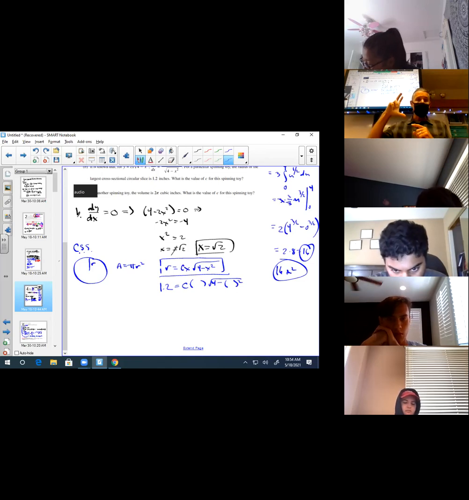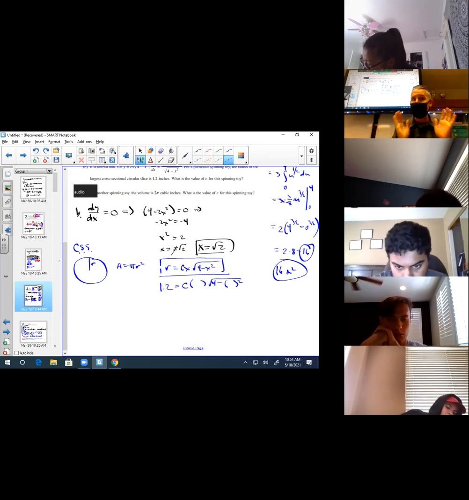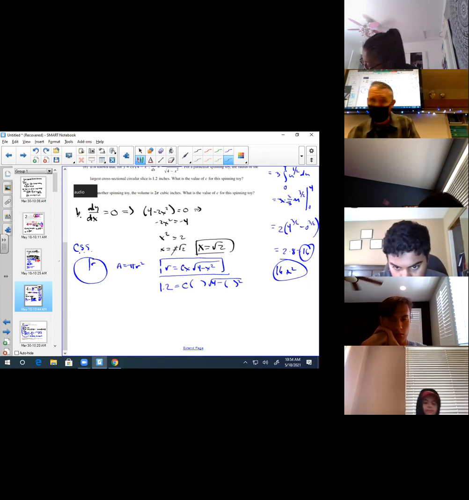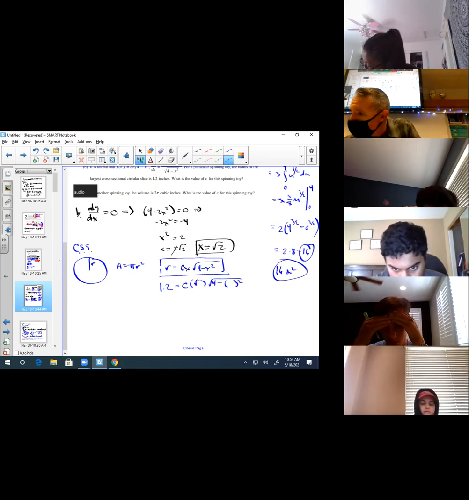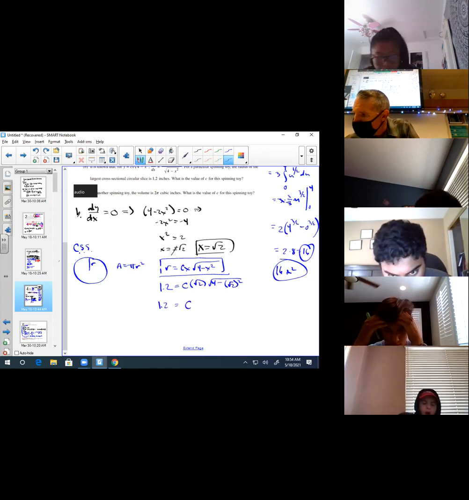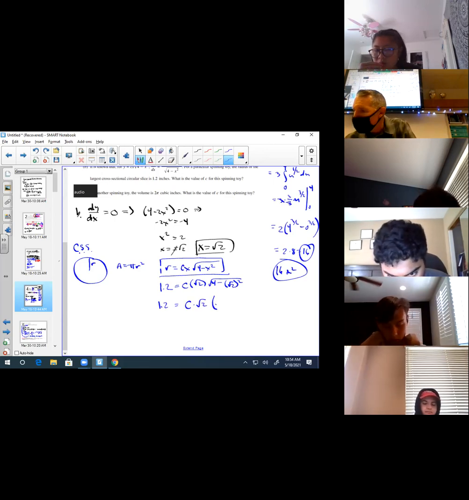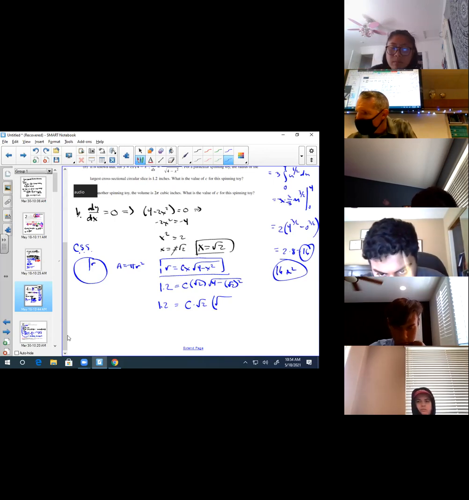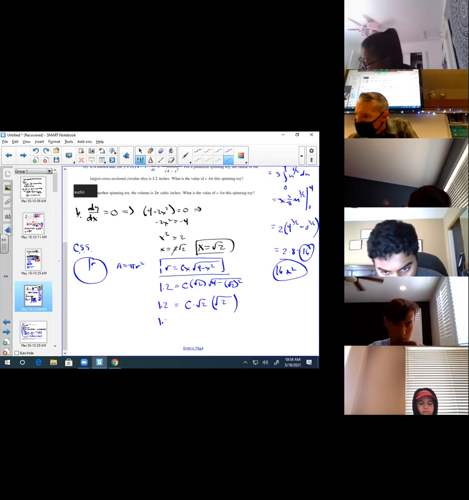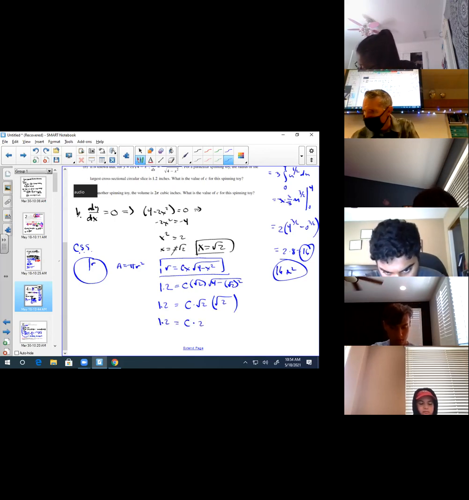Well, if it's the largest cross-sectional disk, what's the x value, guys? We just figured that out. Root 2. And now they ask us to solve for C. So 1.2 equals C times root 2 times the square root of 4 minus 2, which is 2. So 1.2 equals C times 2. So C is 0.6.